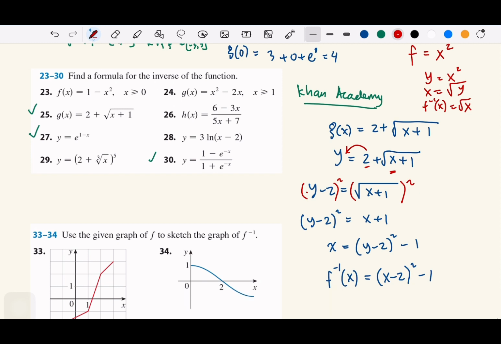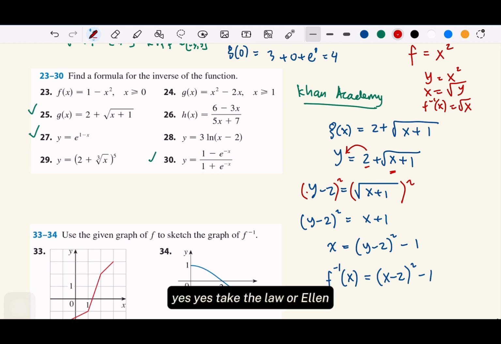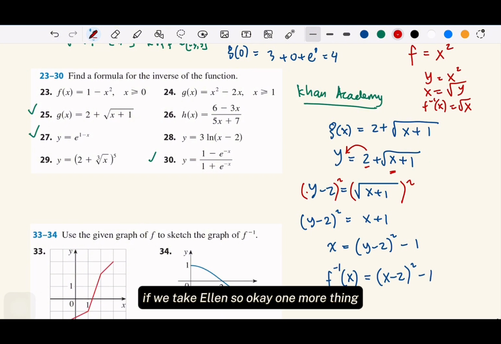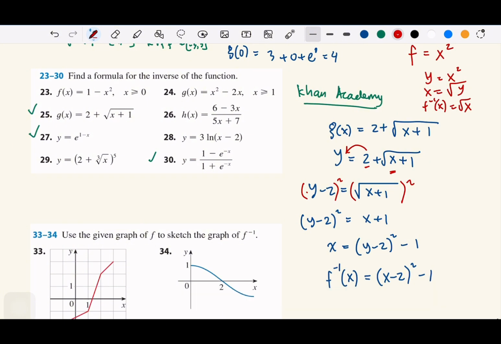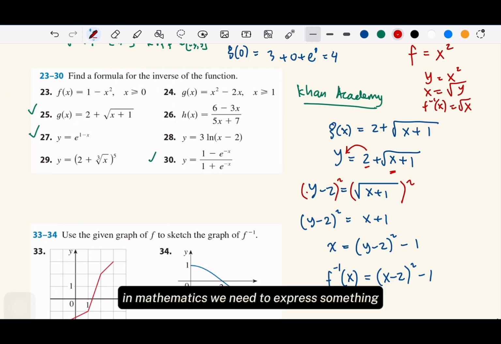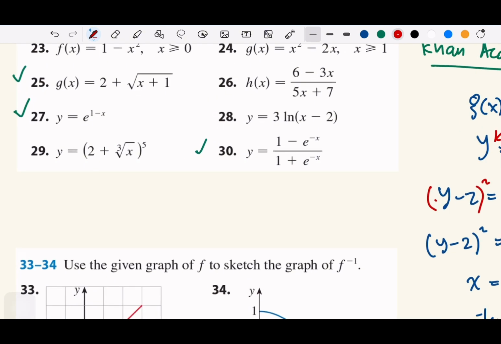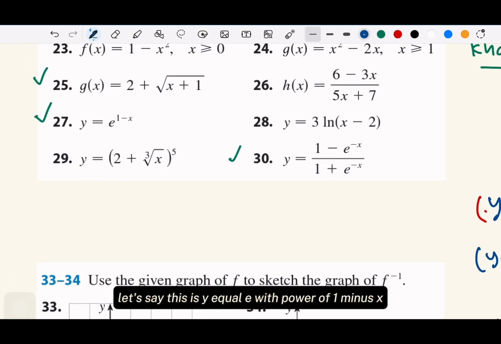That's okay. Maybe natural number. Yes. Take the log or ln. If we take ln, so okay, one more thing. In mathematics, we need to express something reasonably. For example, let's say this is y equal e to the power of 1 minus x.